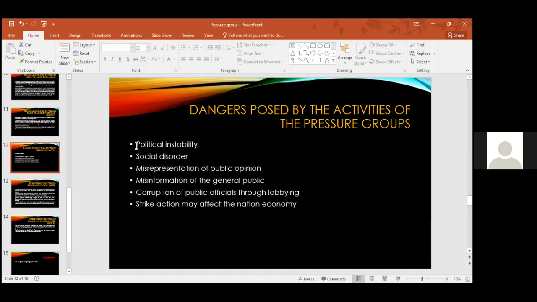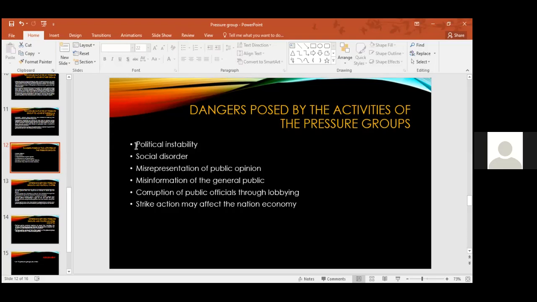So in the bid of certain pressure groups to influence the decision of the government, instead of just lobbying, like they should talk to these people, let them see reasons why they want these things to be done, instead, they pay these government officials, they give them money, they give them things that on a normal day they are not meant to give them, therefore causing these government officials to be corrupt. So instead of promoting public interest, they are actually causing corruption in the government.